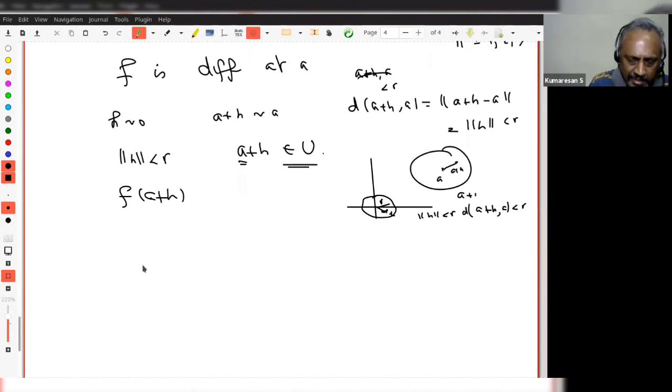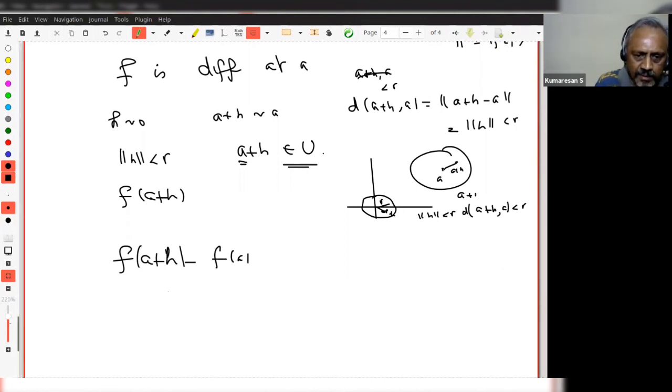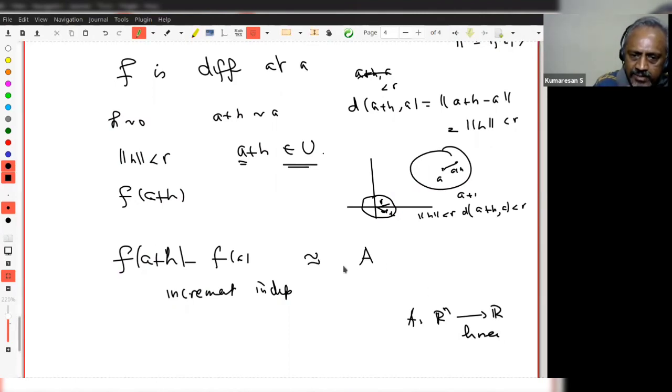So h is an increment in the independent variable a. As we did earlier, I want to approximate f of a plus h minus f of a. This is the increment in the dependent variable. I want to approximate it by a linear map A from Rn to R acting on the increment h.